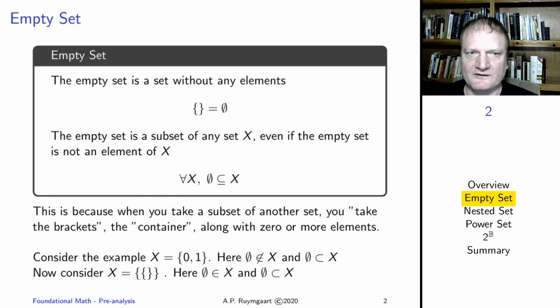And if we choose to not take any elements, we still end up with the container, or the empty set. So the empty set is a subset of any set X, even if that set X does not contain the empty set as an element.